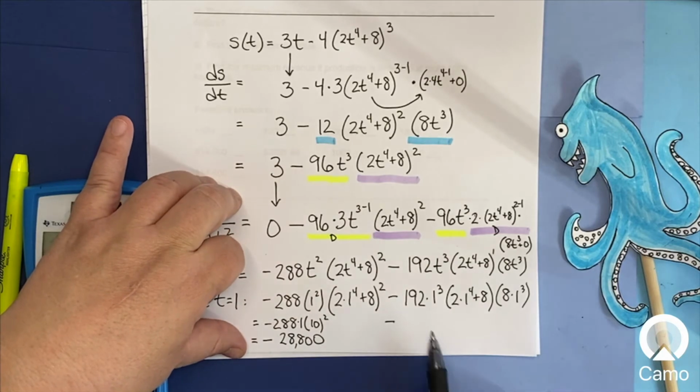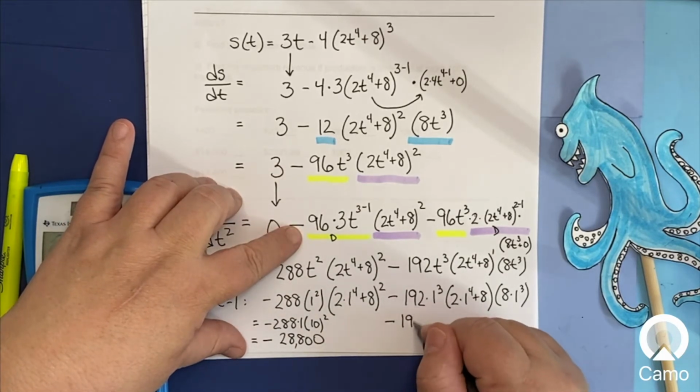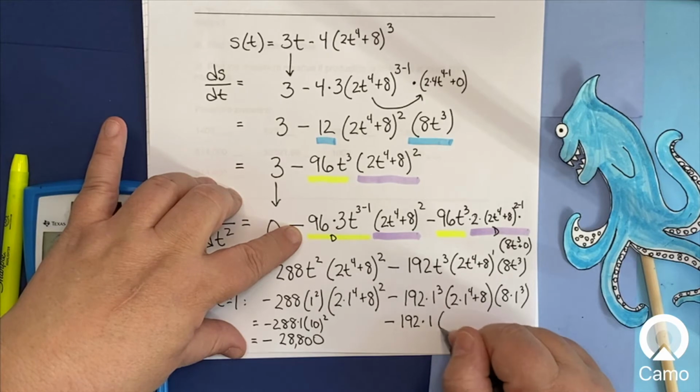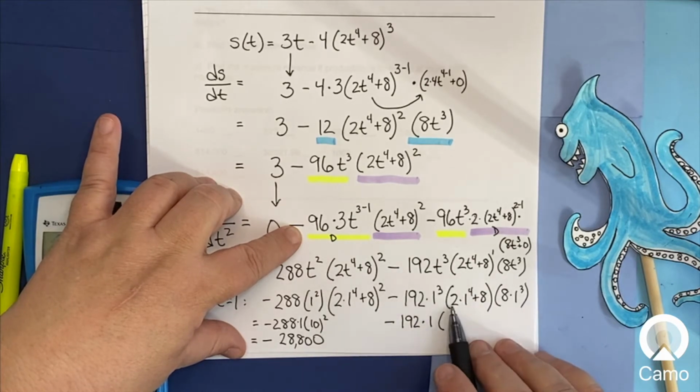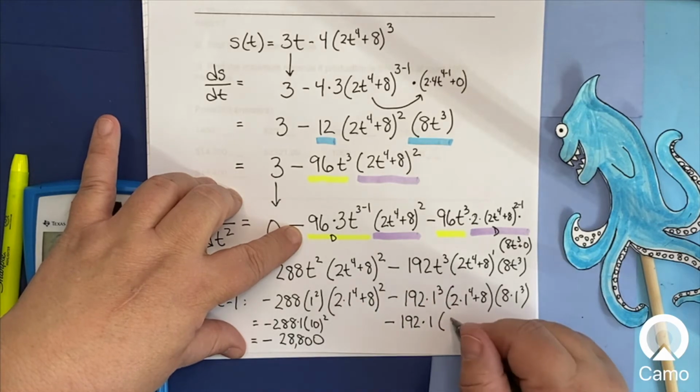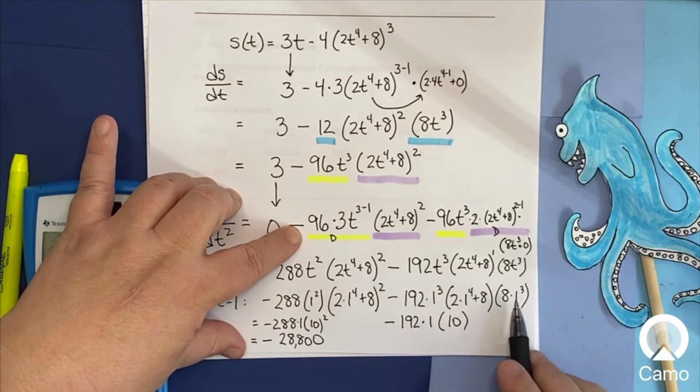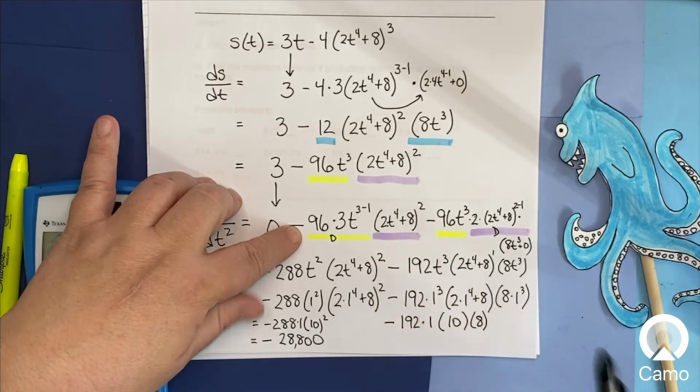Minus, okay, let's take a look at this. This is 192 times 1. Inside here, we already know 2 times 1 to the 4th is 2 times 1, which is 2, plus 8 is 10. 8 times 1 to the 3rd is 8 times 1, so that's 8.